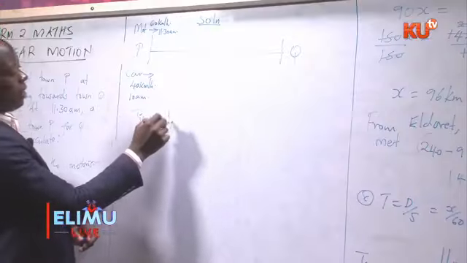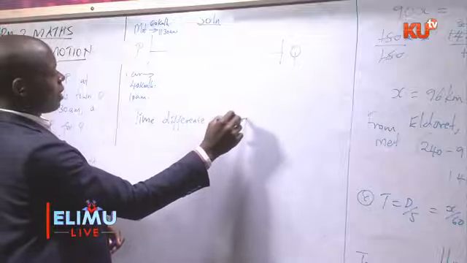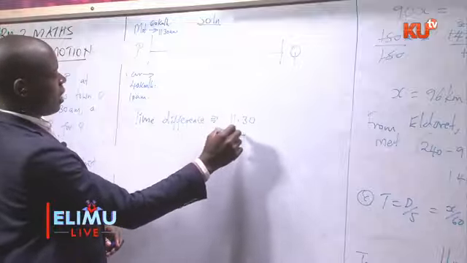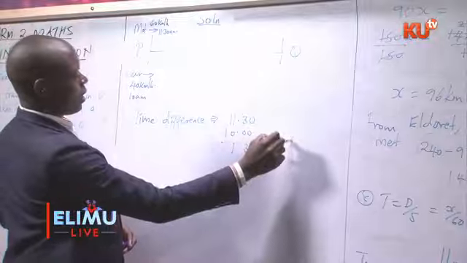The time difference here is 1 hour 30 minutes, which is simply 11:30 less 10 a.m.